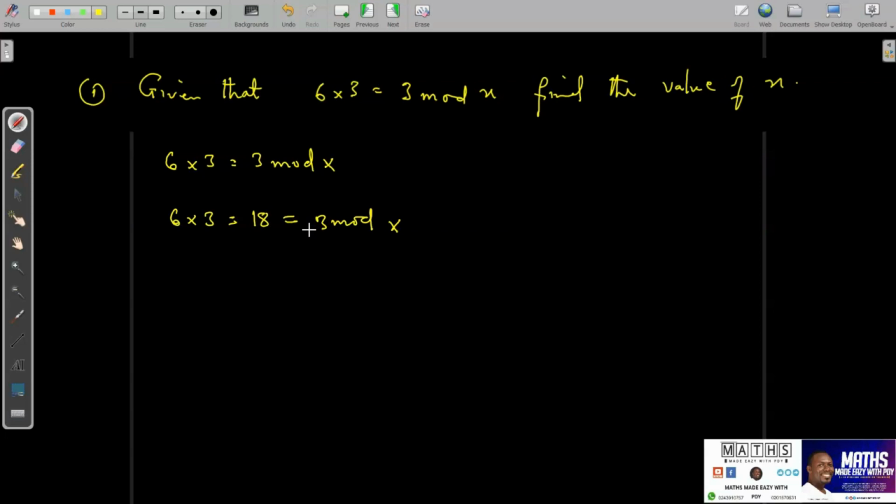Okay, so 5 is a possible solution. Is it only 5, if I may ask?